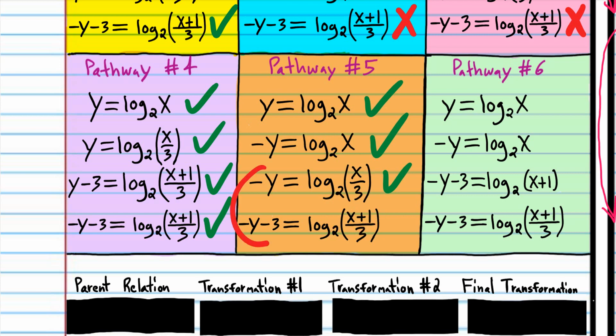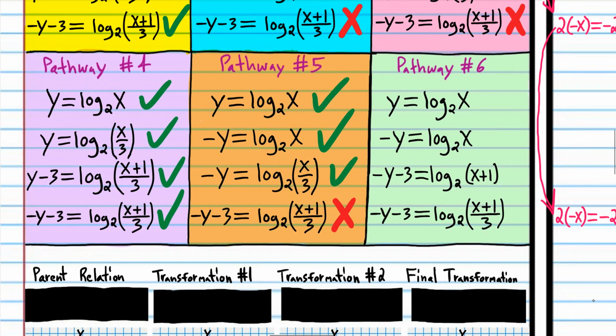But here we have the same problem that we did before. We're subtracting 3 from negative y. The transformation properties don't tell us what to do in that situation. If we subtract 3 just from y, that means move up 3 units, but we're not doing that. We're subtracting 3 from negative y. So we'd have to modify that expression to see how the graph is being translated.